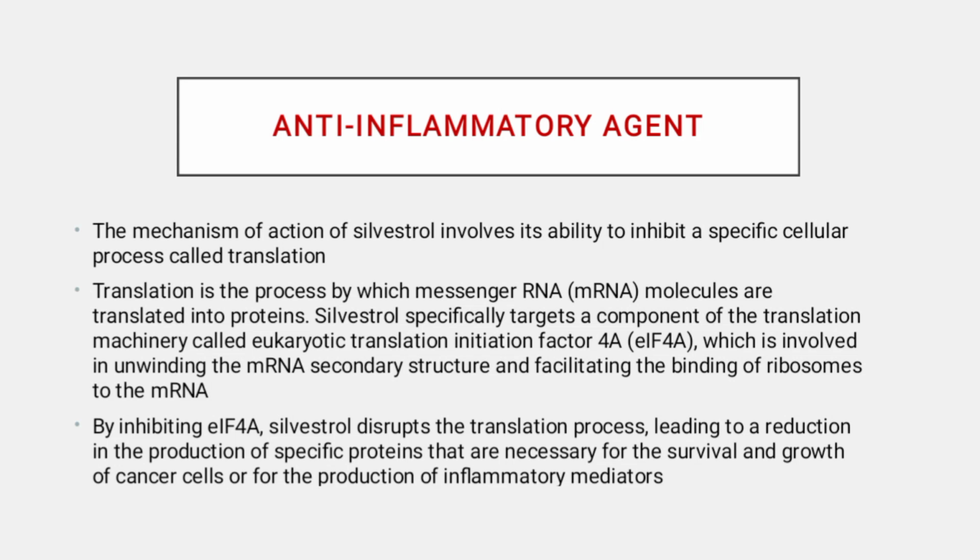Silvestrol specifically targets a component of the translation machinery called eukaryotic translation initiation factor 4A, which is involved in unwinding the messenger RNA secondary structure and facilitating the binding of ribosomes to the messenger RNA. By inhibiting this initiation factor, Silvestrol disrupts the translation process, leading to a reduction in the production of specific proteins that are necessary for the survival and growth of cancer cells or for the production of inflammatory mediators.